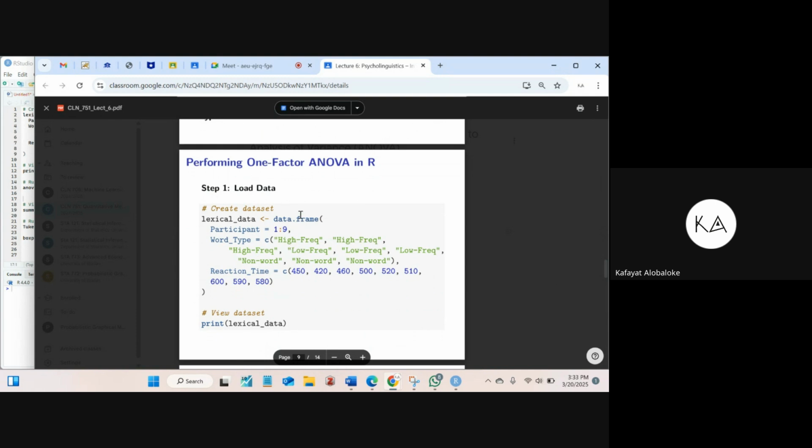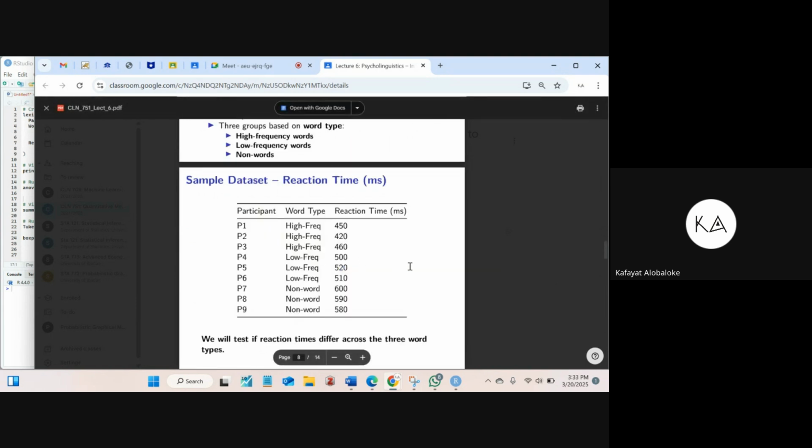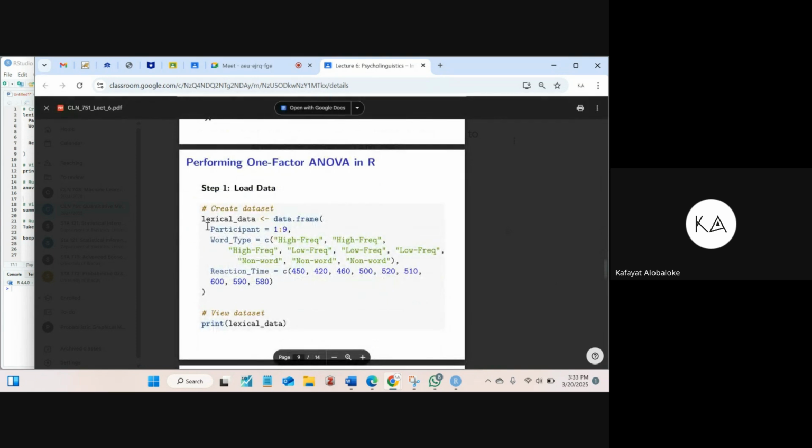But first, the first step in performing a one factor ANOVA is loading your data set. In this case, we try to create our data set as listed above. The lexical data is what we are naming our data. Now we create a data frame.